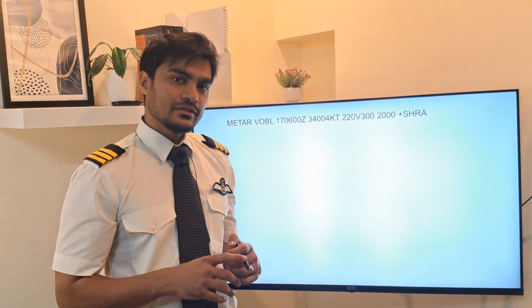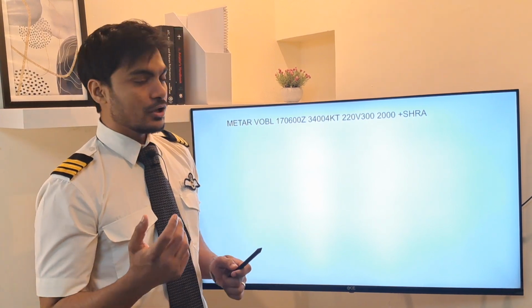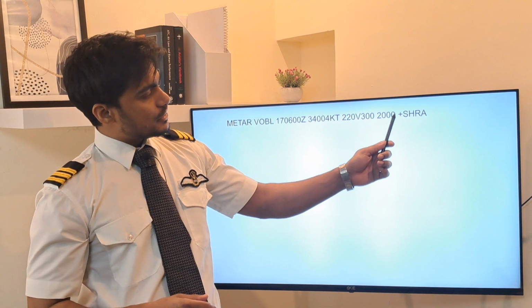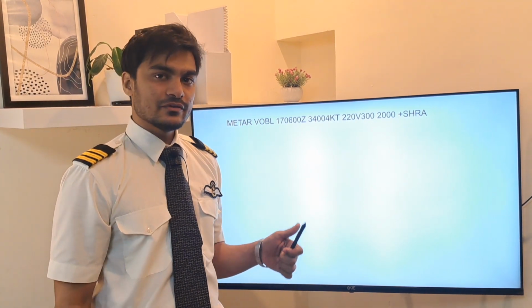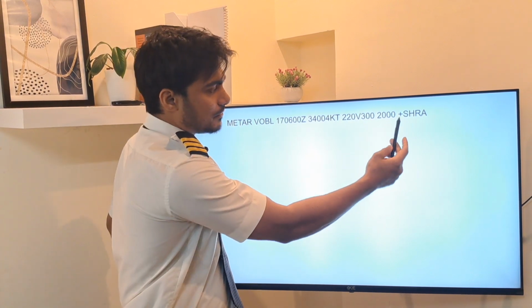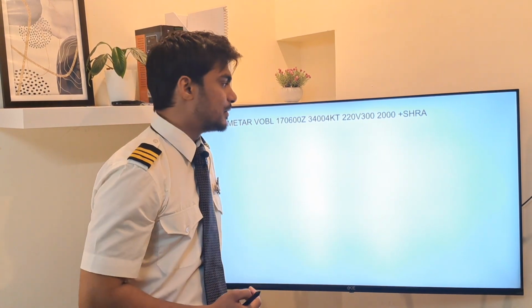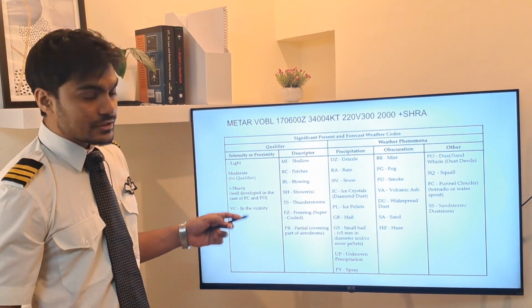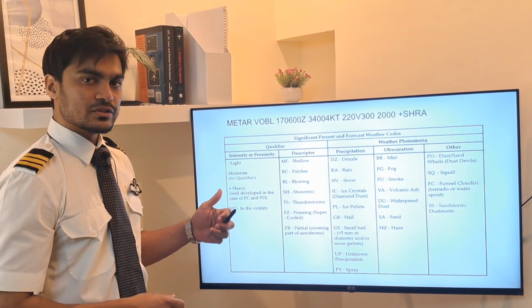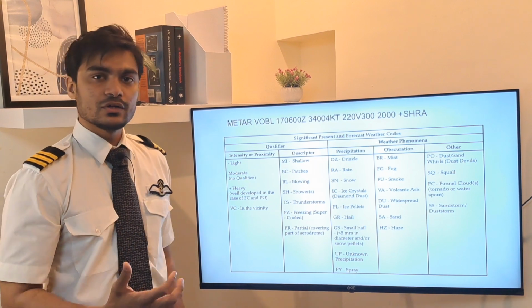Okay, the next weather group in our METAR is the weather phenomena, the one we see over here, which says plus SHRA, which stands for heavy showers and rain. These can be decoded by looking at this table below. In this table, the first section signifies intensity or proximity, like how strong the weather phenomena is.